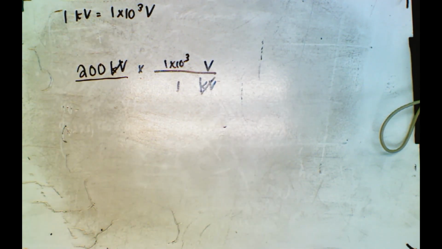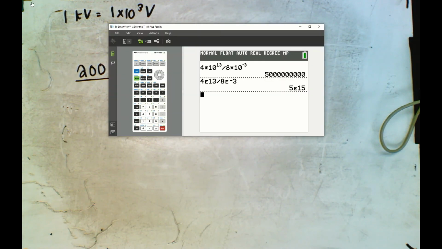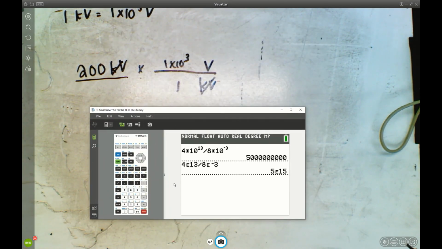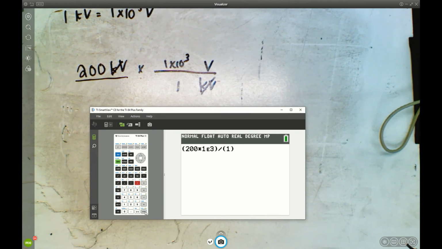So when typing this into my calculator, what I would do is I would type in everything on top in brackets and multiply it. So I would go 200 times 1e3 in brackets, that's everything on top, divided by everything on the bottom, which is 1. Doesn't make a difference, but it will later when we get more complicated.